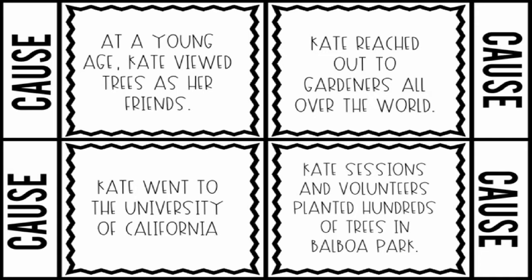Number 3, Kate went to the University of California. What happened because of that? Pause your video. We did one like that, by the way. And number 4, Kate Sessions and volunteers planted hundreds of trees in Balboa Park. So what happened because of all of their planting?